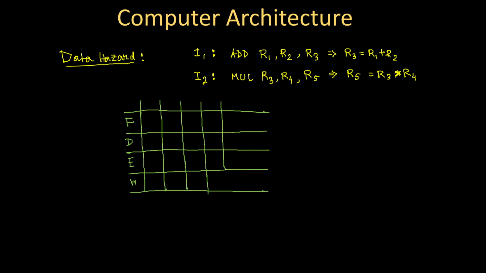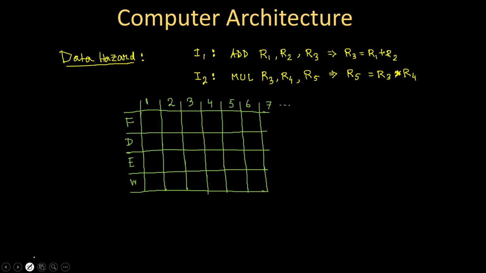These are the different time instants. As we have already drawn different cases, in a similar way we are drawing this situation: clock cycle 1, 2, 3, 4, 5, 6, and so on.